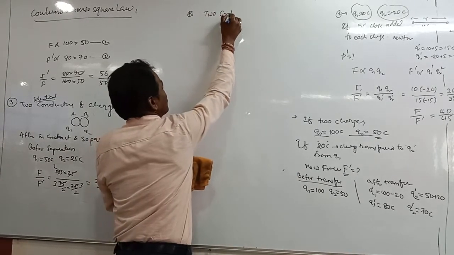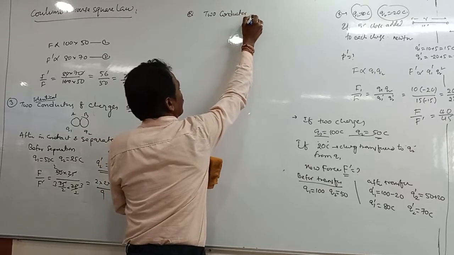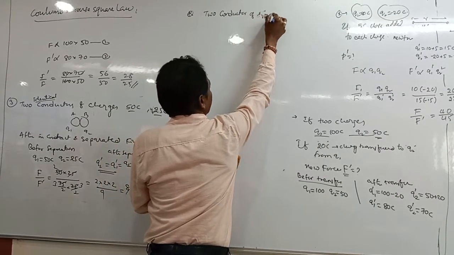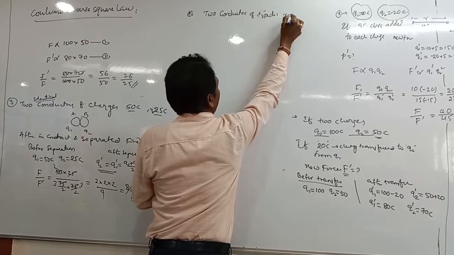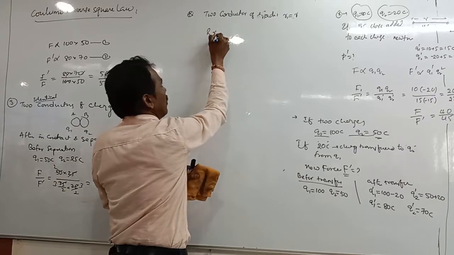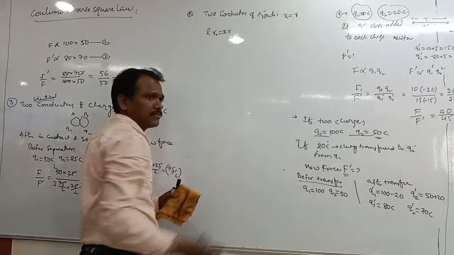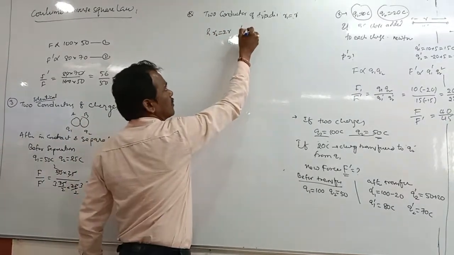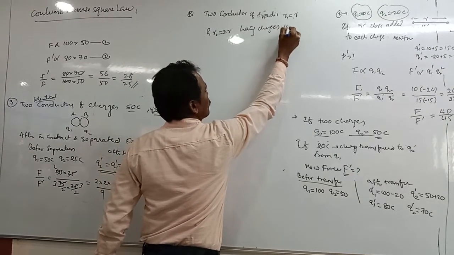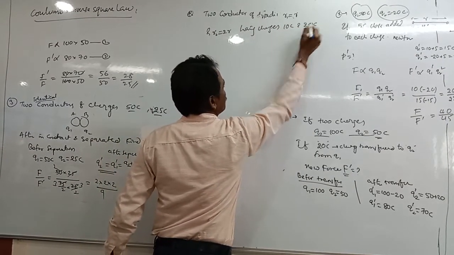Two conductors of radii R1 equal to R and R2 equal to 2R, having charges 10 coulombs and 20 coulombs.